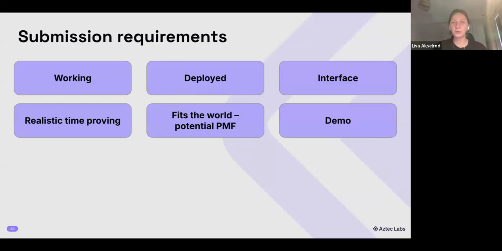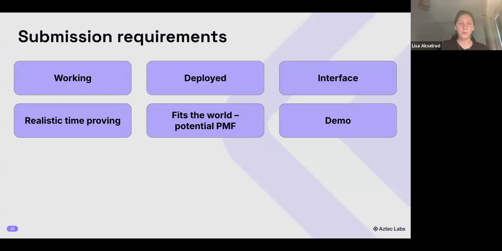Another important point is how to qualify for the hackathon. What's your project, which checks should your project match? First, it should work. Banal, but just some code is not enough. This code should work. It should be deployed somewhere. Again, your options are Aztec, Starknet, and EVM chains. It should have an interface, meaning that just a Noir construct is not enough. We expect your application to be an application with an interface.